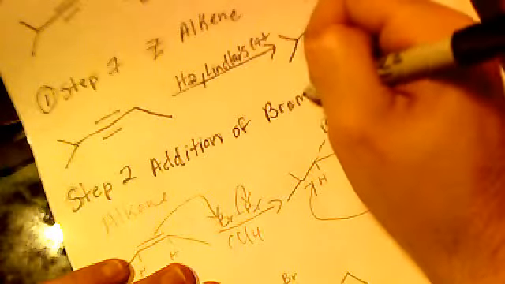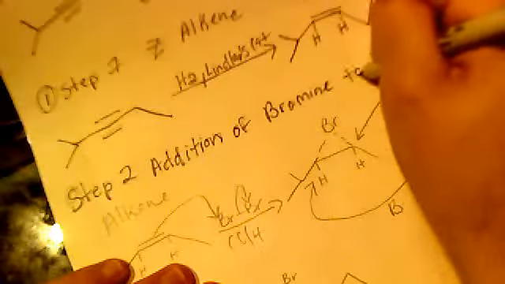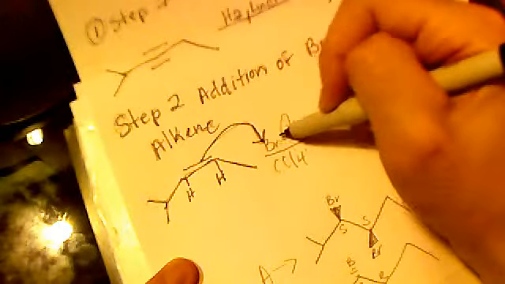is the addition of bromine to the alkene, right? So I have a Z-alkene. The pi bond is going to act like a nucleophile. It's going to attack this bromine.